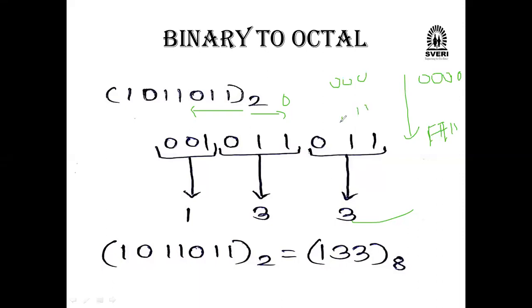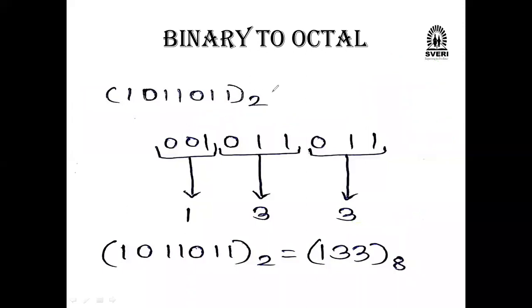But for decimal numbers, the start and end are chosen differently, and in between it is a combination of 3 bits and 4 bits. So it is not applicable for decimal, only for octal and hexadecimal. For decimal we have to use 2 to the power of 4 3 2 1, according to how many bits there are.